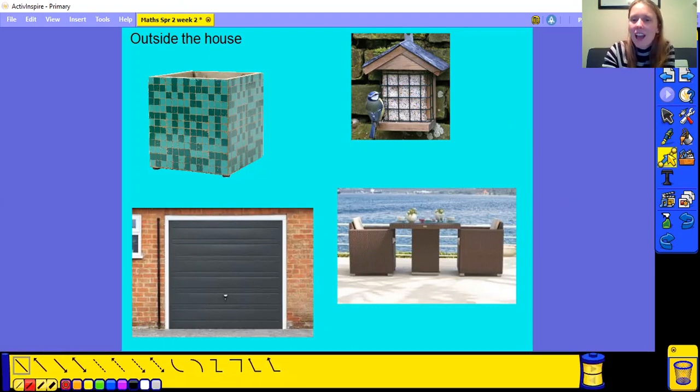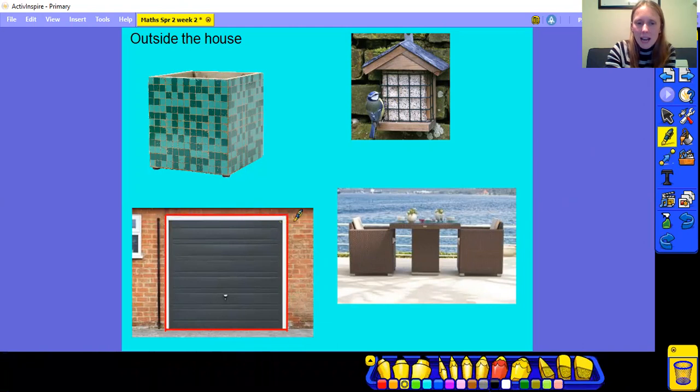Now, let's have a look at the garage. Did you spot a square on the garage? I think I did. And here it is. 1 side, 2 sides, 3 sides, 4 sides.